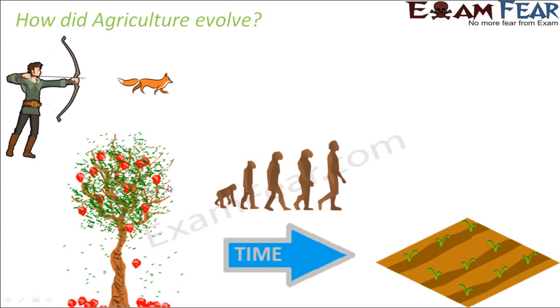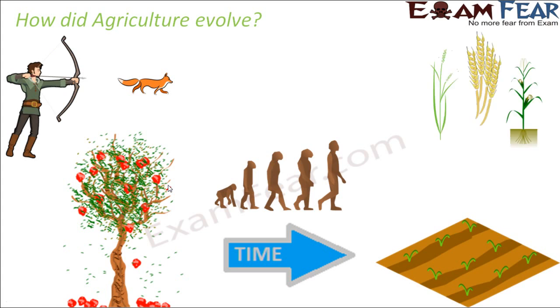Thereafter came different crops like wheat, rice, etc. And that's how we have reached today, where we have a variety of fruits, vegetables and cereals, all being cultivated by agriculture. So this is how the concept of agriculture started.